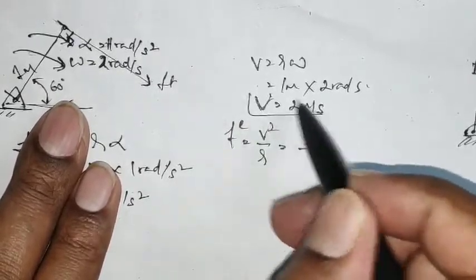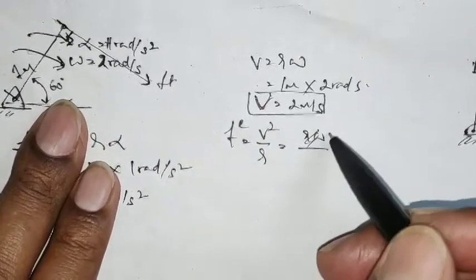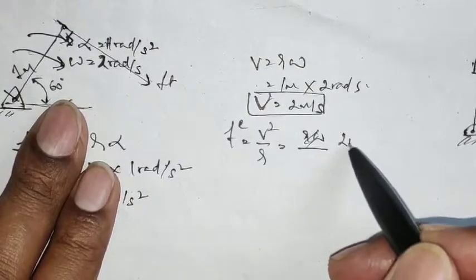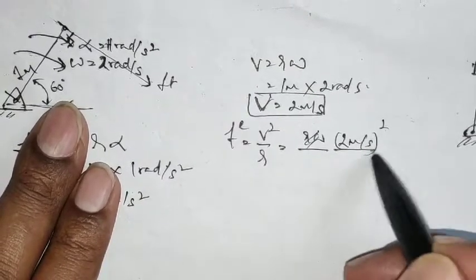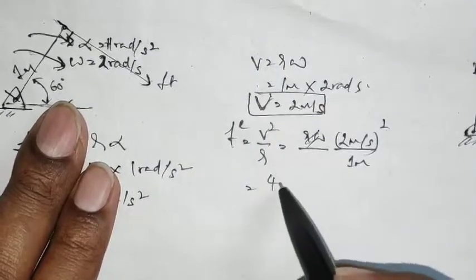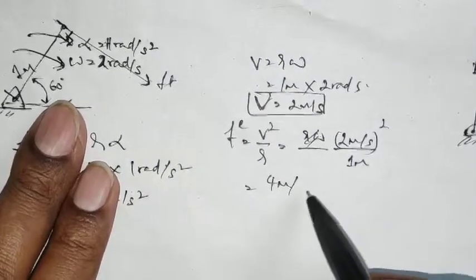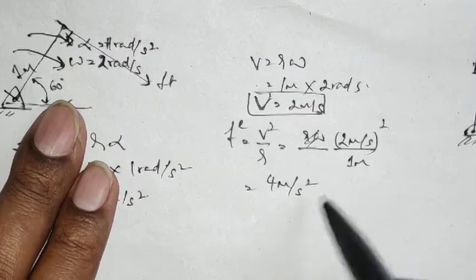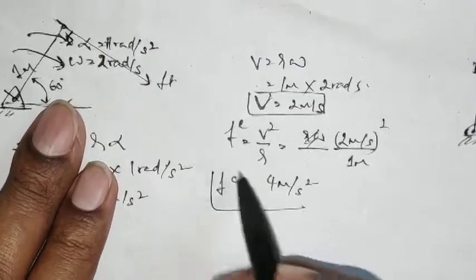So the velocity is known. Substituting this value, 2 meter per second whole square divided by 1 meter, we get the answer as 4 meter per second square. So this is the centripetal acceleration.